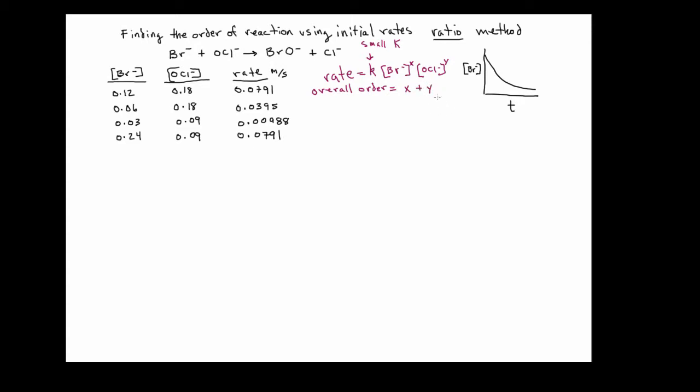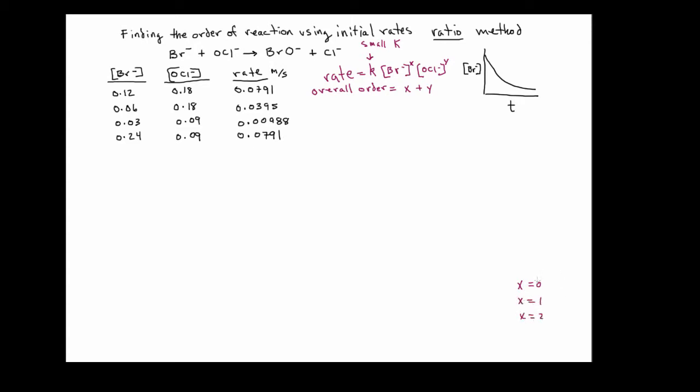All right, now remember that reaction order can be essentially one of three values. It can be actually any value, including fractional values, but for our purposes the reaction order can either be x equal to 0, x equal to 1, or x equal to 2.